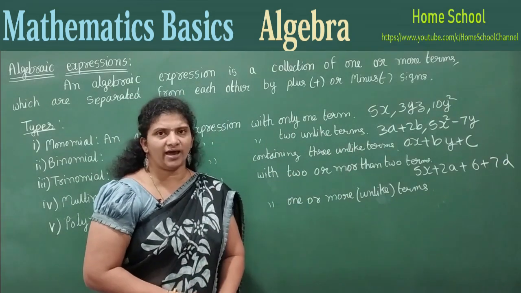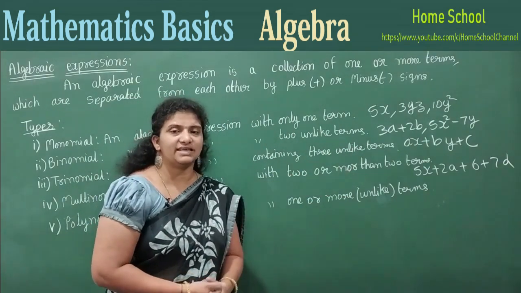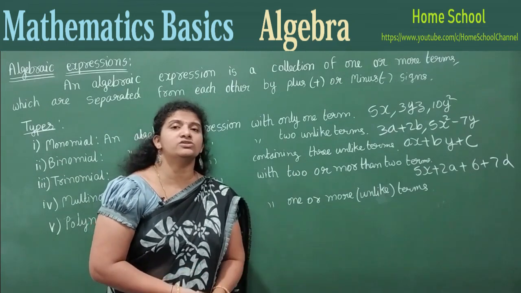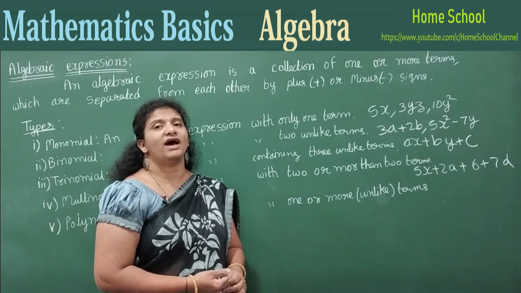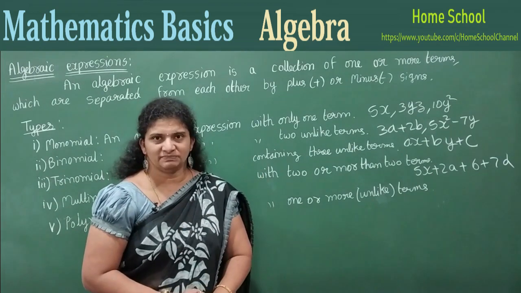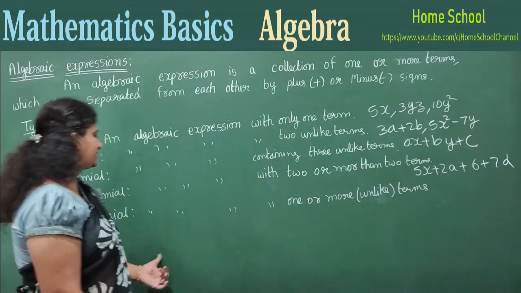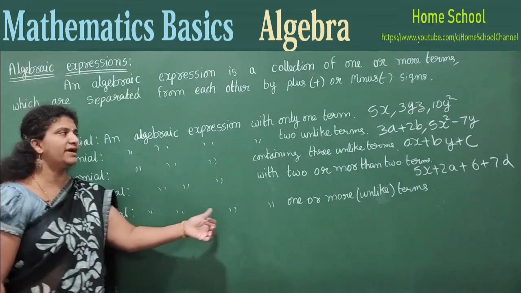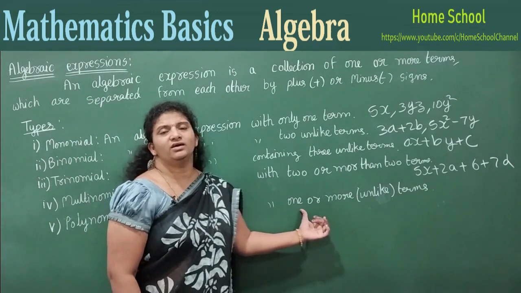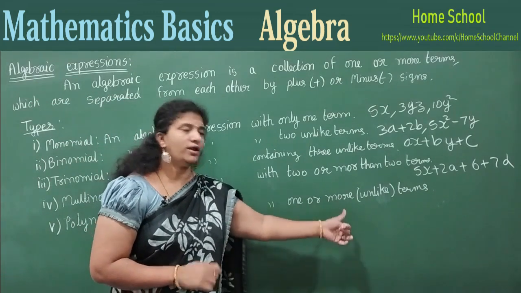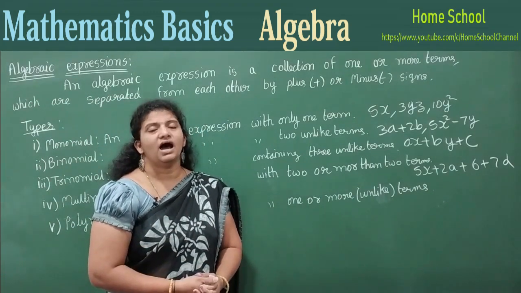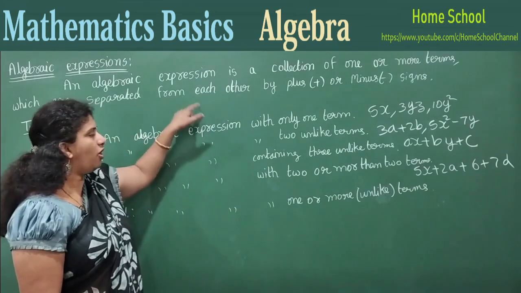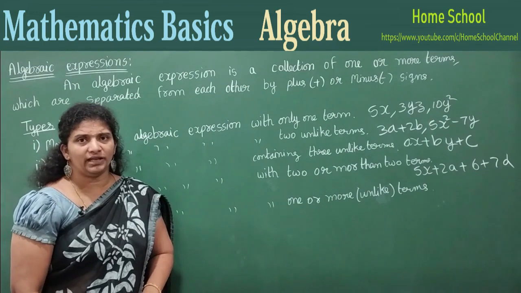Four terms. So we call it a multinomial. This multinomial is also a polynomial of four terms. Okay, so next, coming to polynomial, an algebraic expression with one or more unlike terms is called a polynomial. See here, all these come under polynomial.